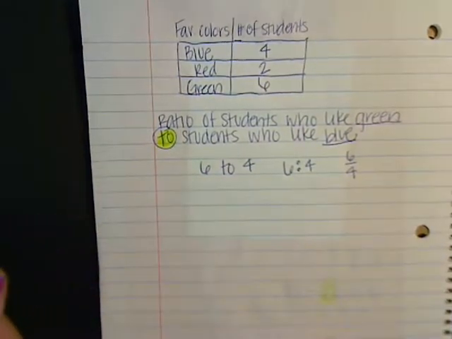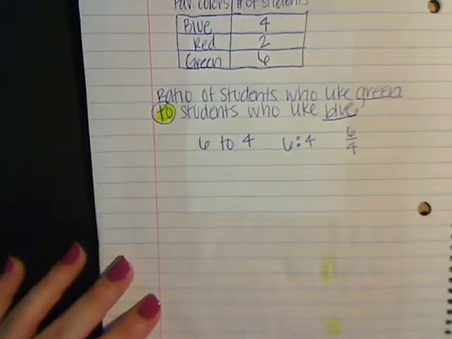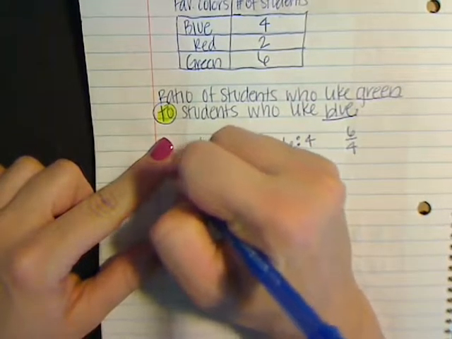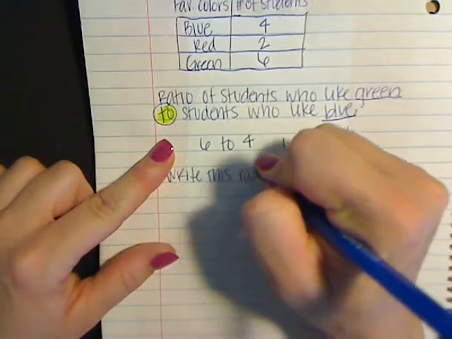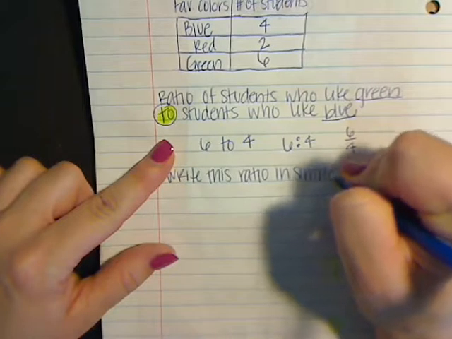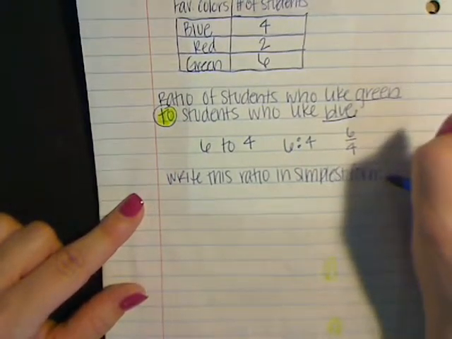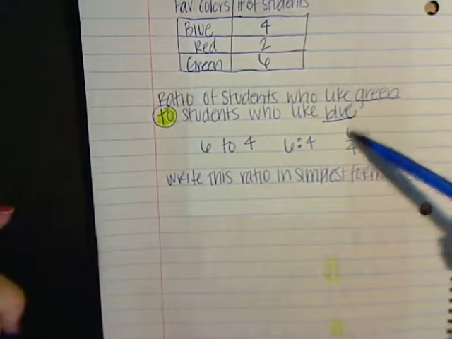Okay? What if I ask you to take this ratio and write it in simplest form? Okay, so for me, simplest form is really easy to do from a fraction.